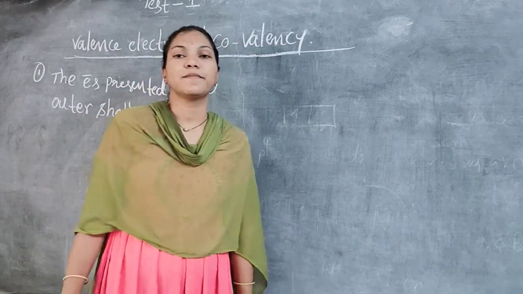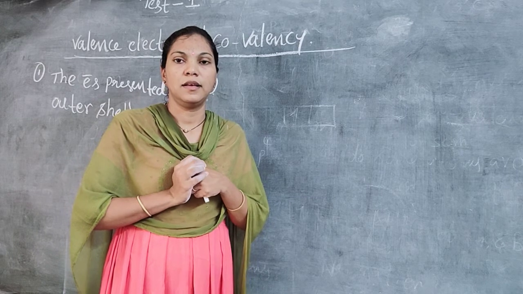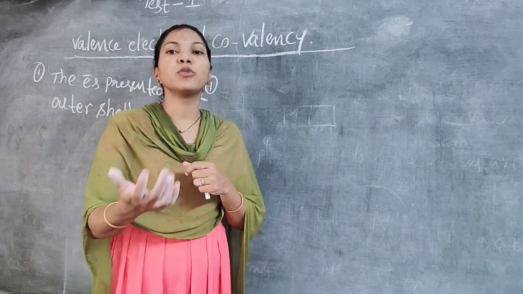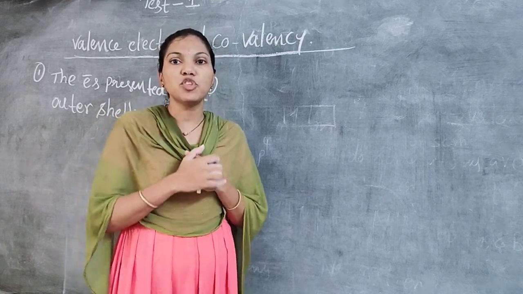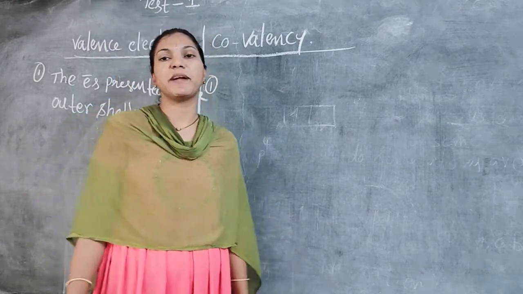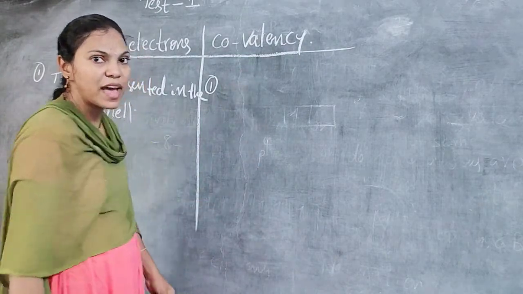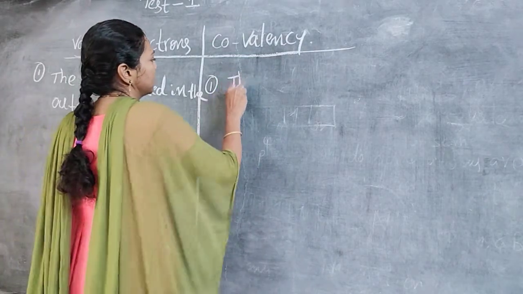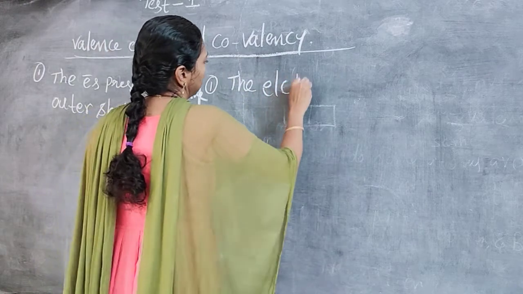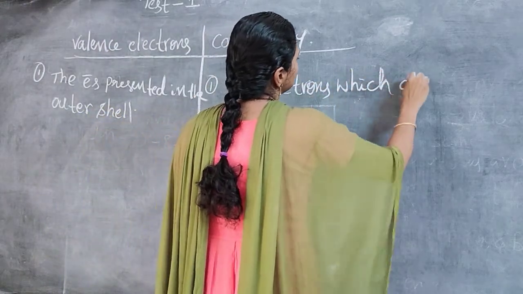The outer shell electrons which readily participate in the bonding are also known as the covalency of the element.